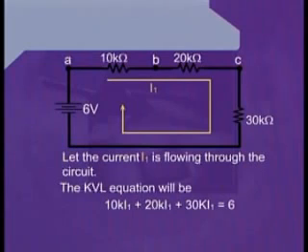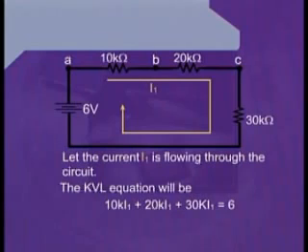At the point C, going back towards the 6 volt source through the bottom branch or bottom wire, we can also see that a 30 kilo ohm resistance is there.